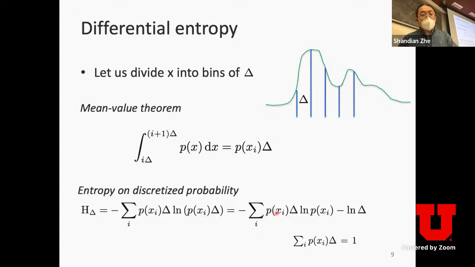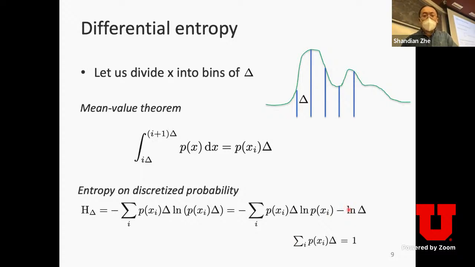It's the summation over p of xi times the size of the bin times the logarithm of p of xi, subtracted by the logarithm of delta. The reason is that when you take out log delta, you have the summation of p of xi in front of it, and this summation is simply 1. Right? So you got this term.